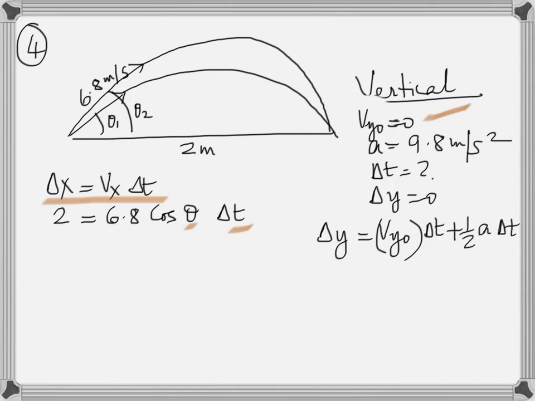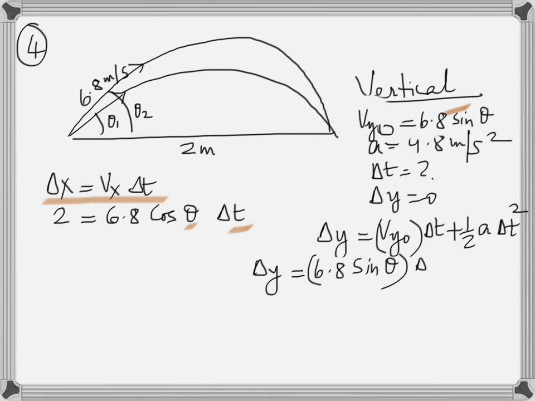Using the equation, remember Vy0 is 6.8 sine theta, and delta y is 0, so 0 is equal to 6.8 sine theta delta t minus 4.9 delta t squared.